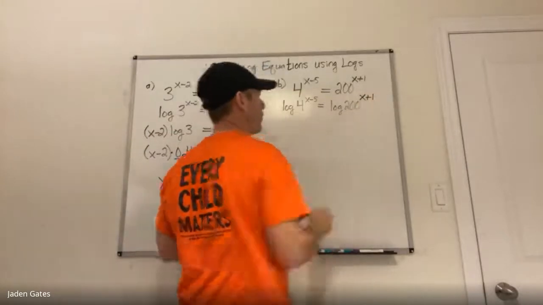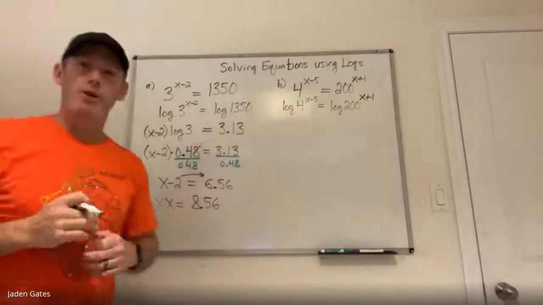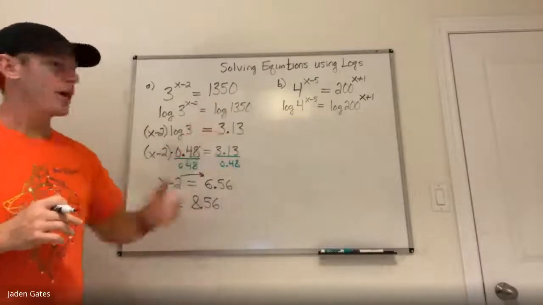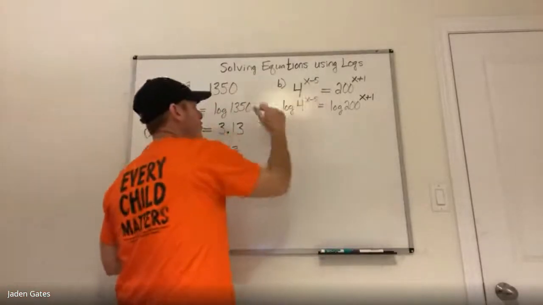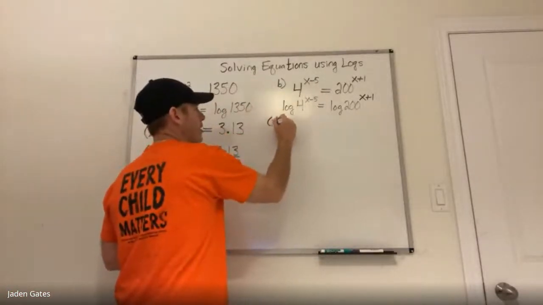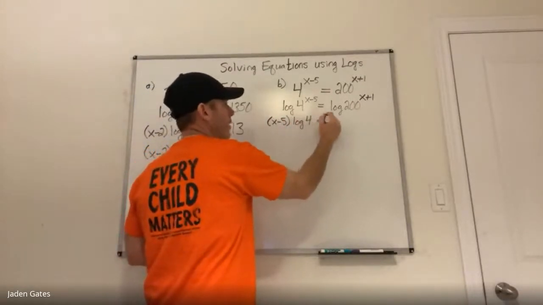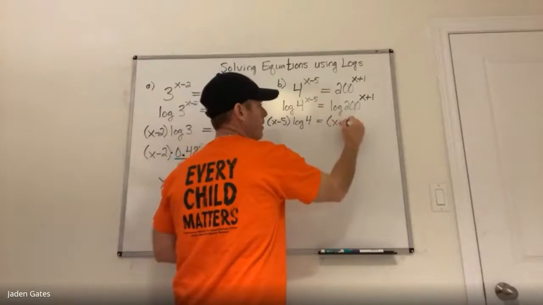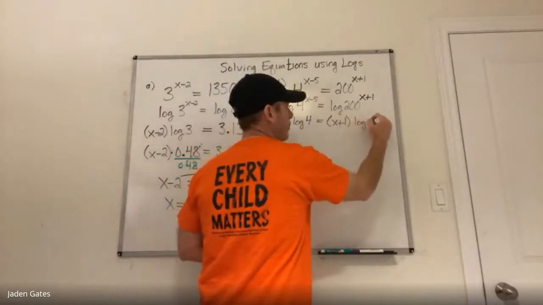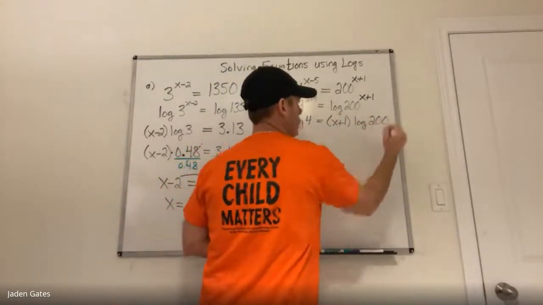Again, I'm going to use my log rule on both sides, so I'm going to bring the exponent down. Here I have x minus 5 times the log of 4, and over here I have x plus 1 times the log of 200.